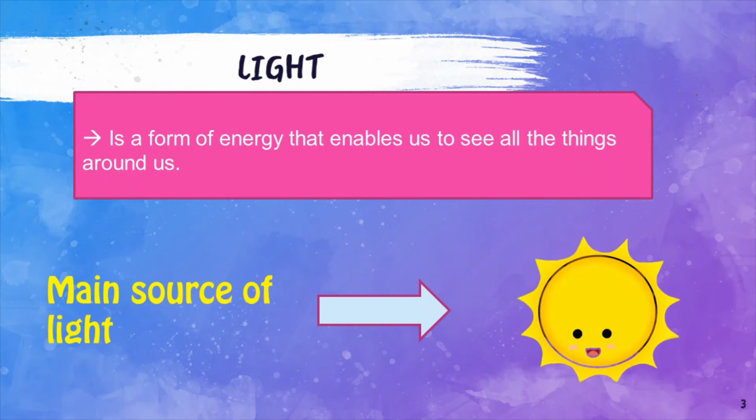Light is all around us. It is a form of energy that enables us to see all the things around us. Without it, life will not have colors, and it will be very hard for us to see the things around us. Light is our gateway to the beautiful things around us.